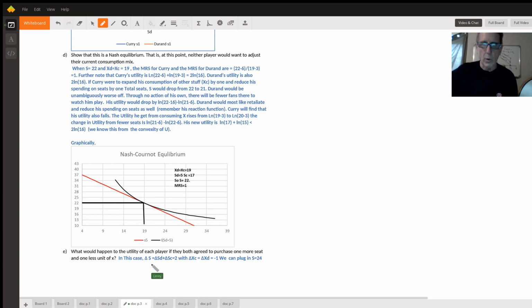What would happen to the utility of each player if they both agreed to purchase one more seat? Well, if each purchases one more unit of S, or one more seat, total seats will go up by 2, and X will go down by 1 for each of them.